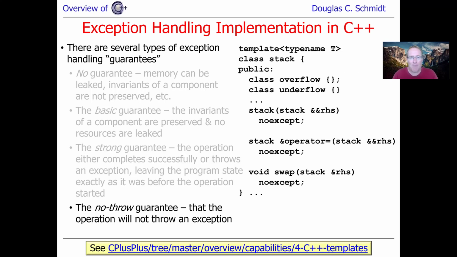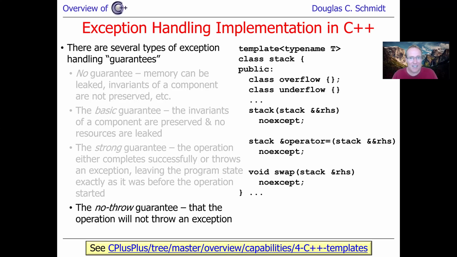Then the fourth type of guarantee, really the third real guarantee, the first guarantee is more like a joke, the no guarantee guarantee. The final guarantee is the so-called no-throw guarantee. And what this says is this operation or this method does not and cannot throw an exception. And again, I pledge on Scout's honor not to let it throw the exception.